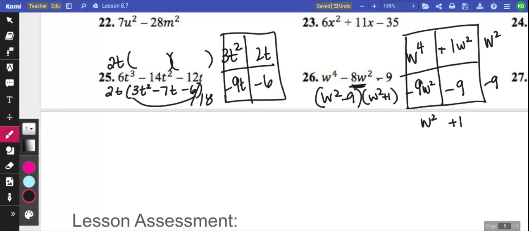Sign chart says the bigger one gets a minus. So these have in common t minus 3, and these have in common 3t plus 2.